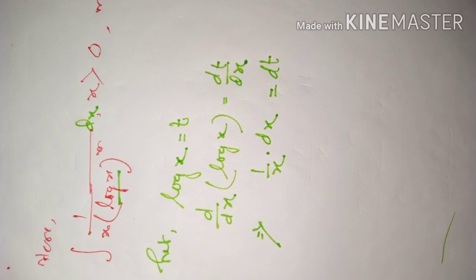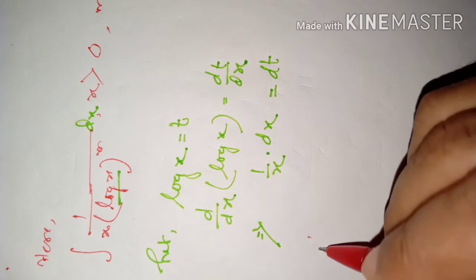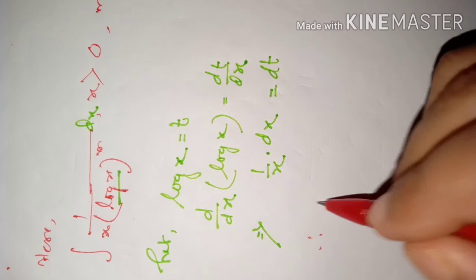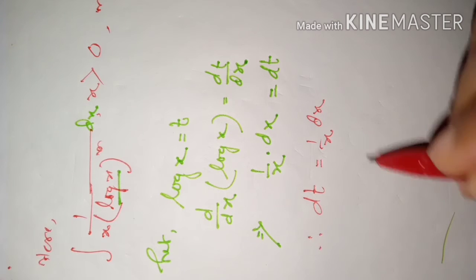Okay, dear students? Therefore dt is equal to 1 by x into dx.